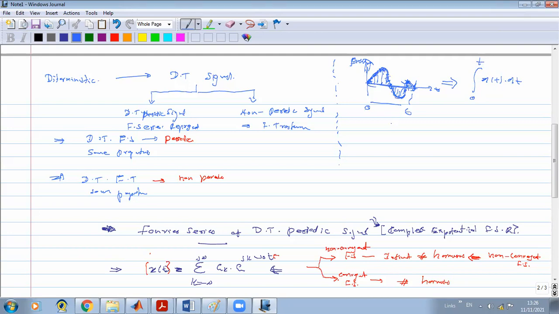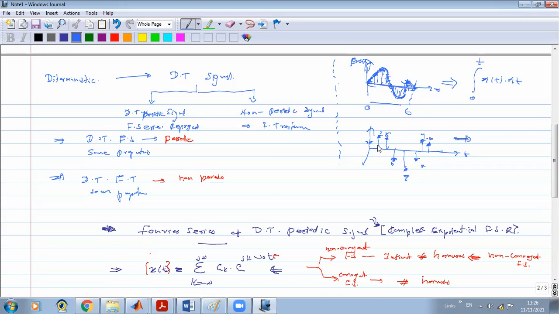But in case of a discrete time signal, say here we have some values, some voltage or temperature values, with respect to time. Here we have 2, 3, 5, 6, 7, 8, 9, 10, like this.